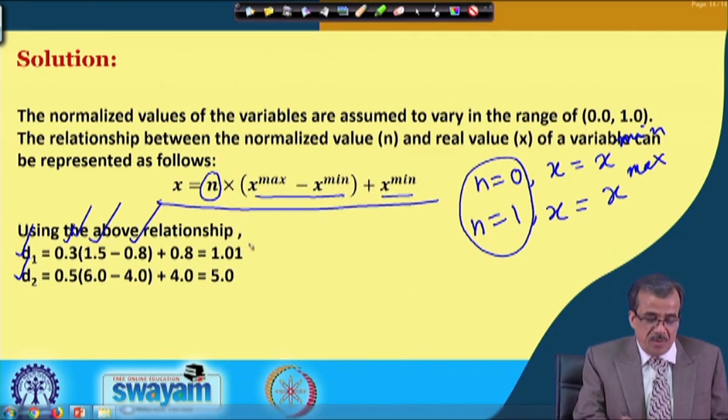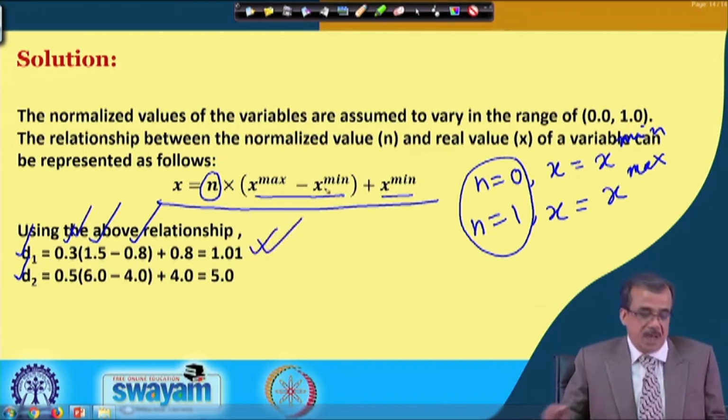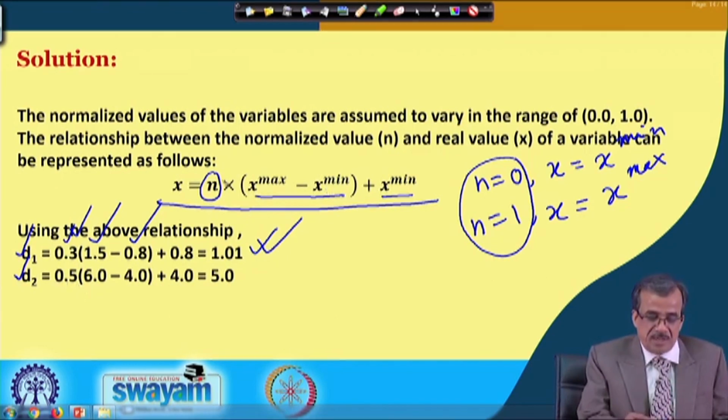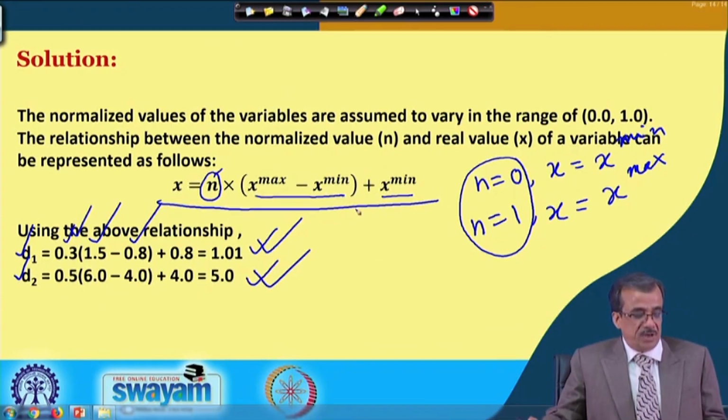If we calculate, we will get D1 equals 1.01. Similarly, D2 is 0.5, the value of n, multiplied by (6.0 minus 4.0) plus 4.0. Here D2 minimum is 4.0, D2 maximum is 6.0 and n is 0.5, and if you substitute you will get D2 as 5.0.